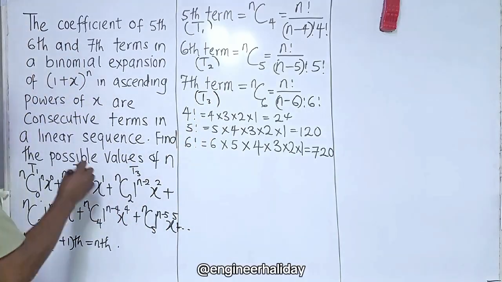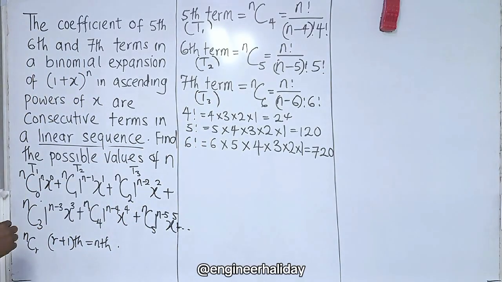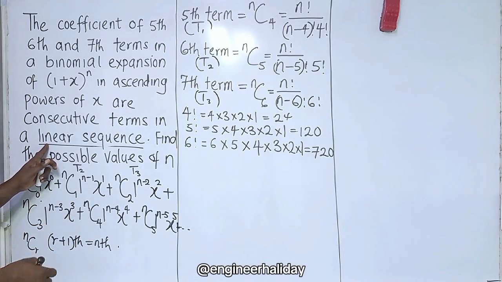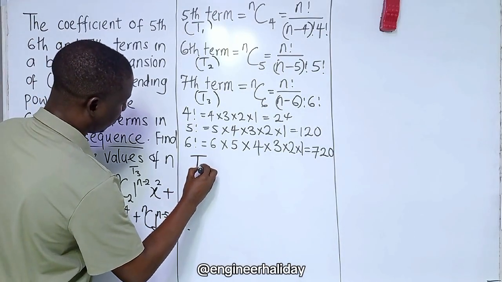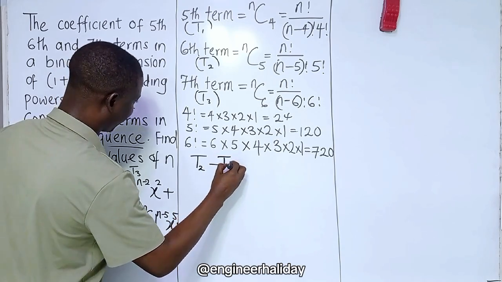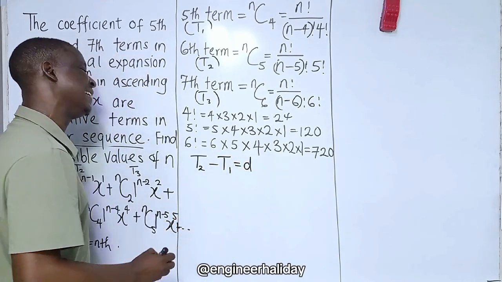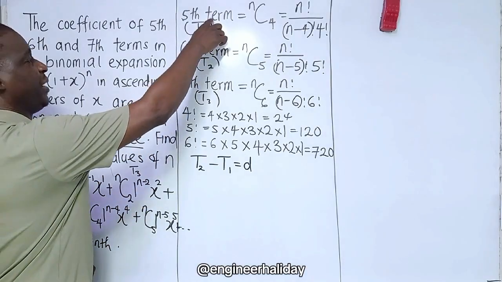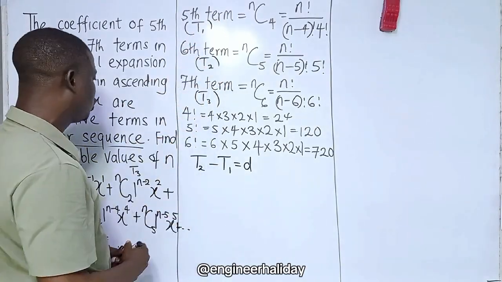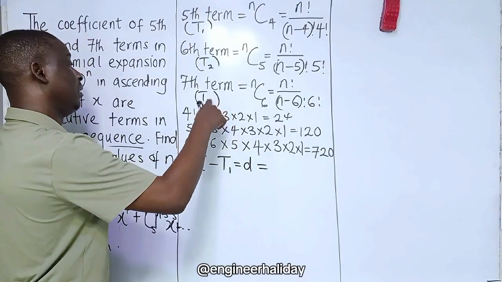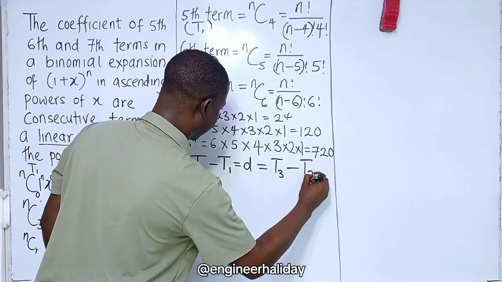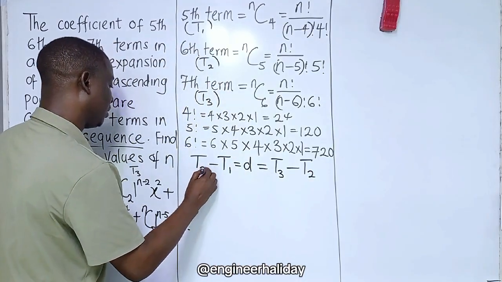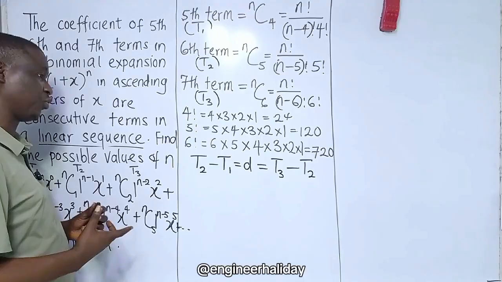If they are a linear sequence, also called an arithmetic sequence, the second term minus the first term should give a common difference, which should also be the same as the difference between the third term and the second term. Please don't forget that, very important.